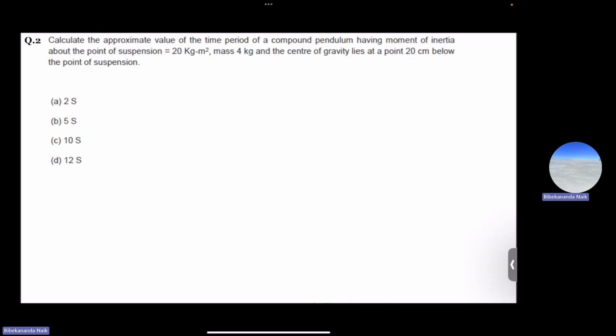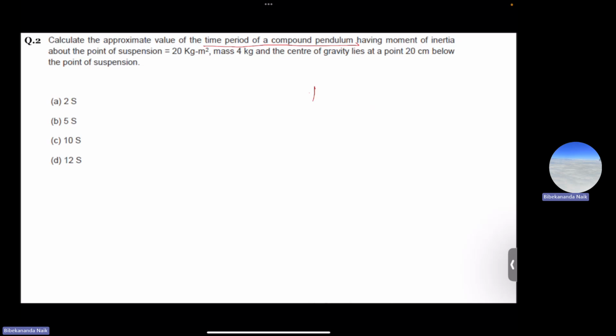Options are option A 2 second, option B 5 second, option C 10 second, and option D 12 second. So we need the approximate value of the time period of the compound pendulum.